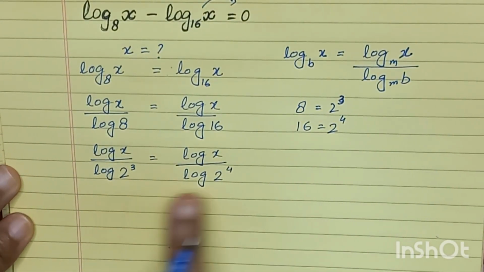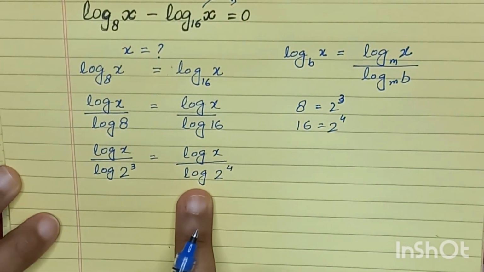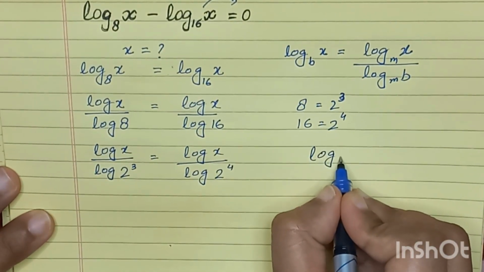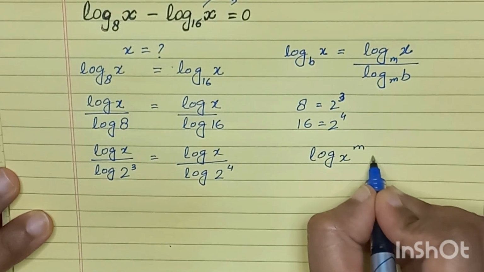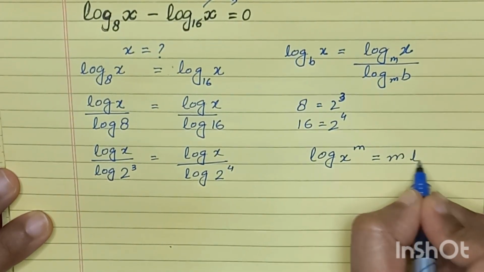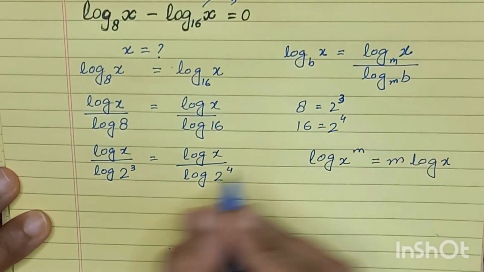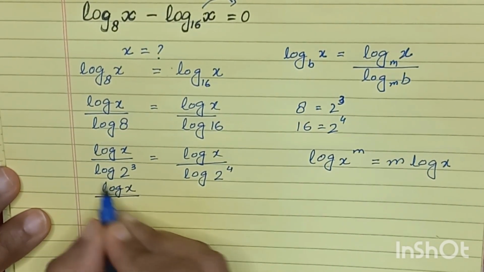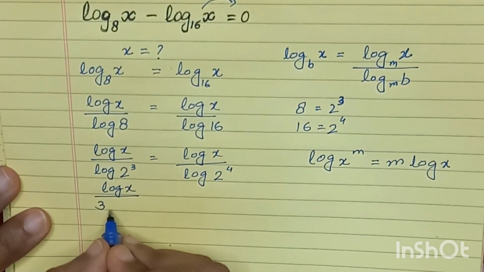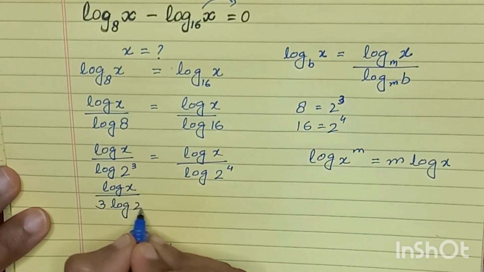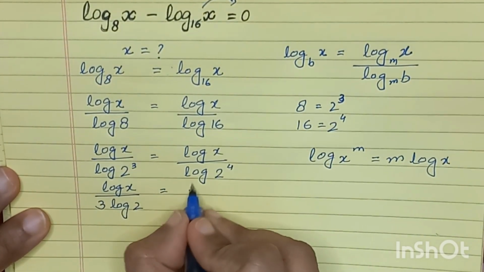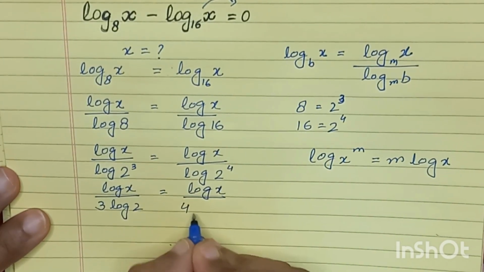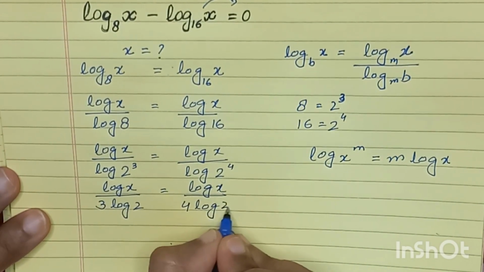Now here we will again apply the logarithmic rule, which is log of x raised to the power m is equal to m log of x. So it will become log of x divided by 3 log of 2, and it will become log of x divided by 4 log of 2.